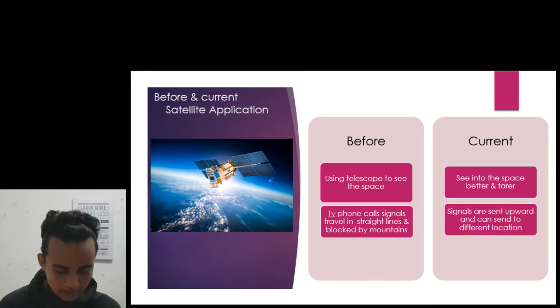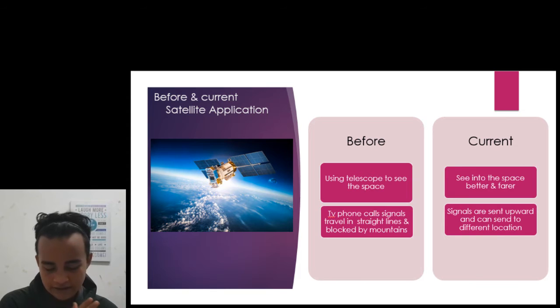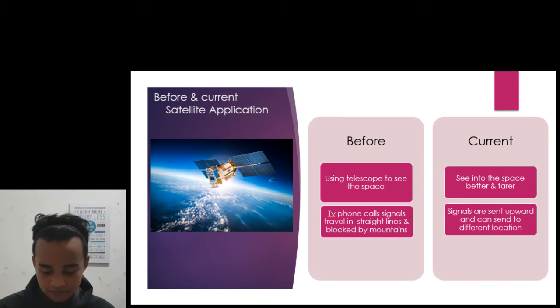And next, before and current satellite application. So before, in the old days they were using the telescope to see the space, but currently we are using satellite communication to see into the space better and further.